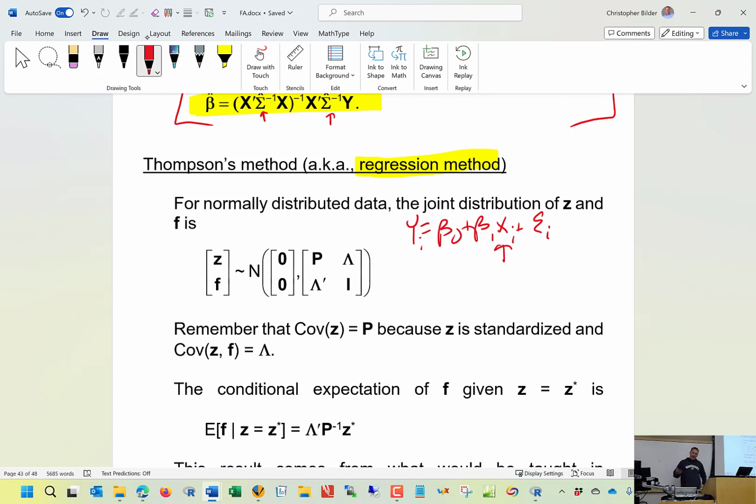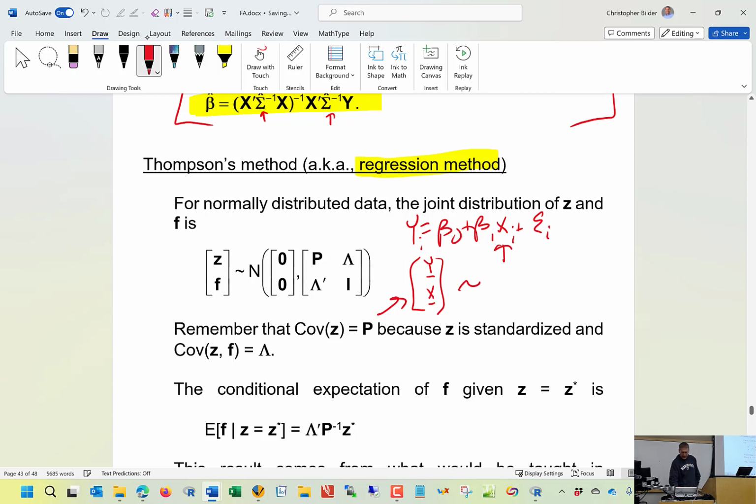So when we think of this now in terms of random variables, what we could do is put all of our y's and all of our x's, let's say, just to make things easier, we just have one explanatory variable, into a vector.